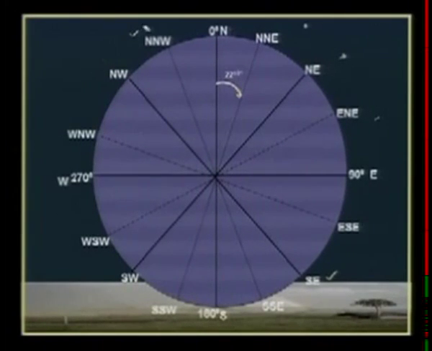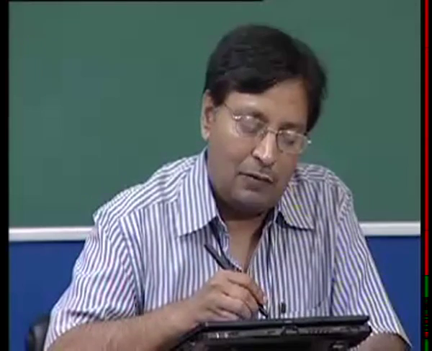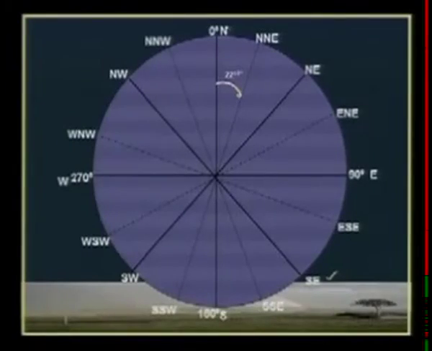Now, when I want to say my wind is from north, what does it really mean in terms of what degrees will occupy the north direction? It means if my wind is halfway in between here and halfway in between here, and the wind is blowing anywhere from here to here, that is what I want to call the north direction.